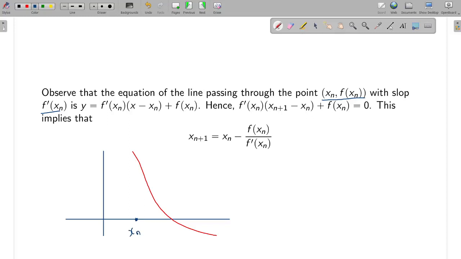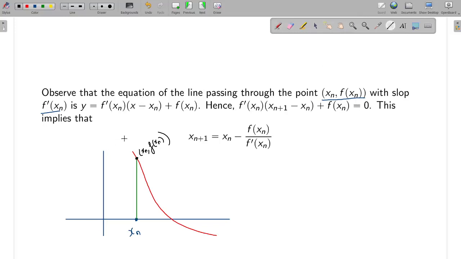Then this would be the point xn comma f of xn, and the line is y equals f prime at xn times x minus xn plus f of xn, which would be this line.